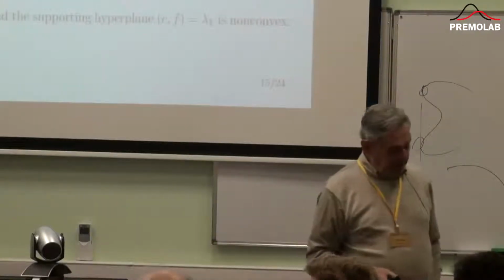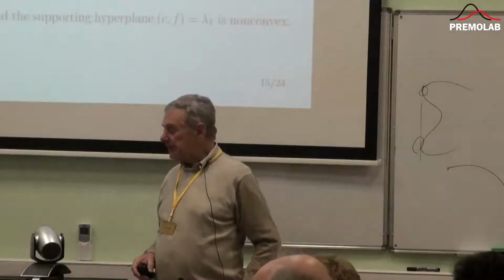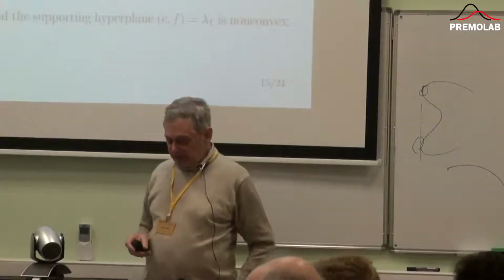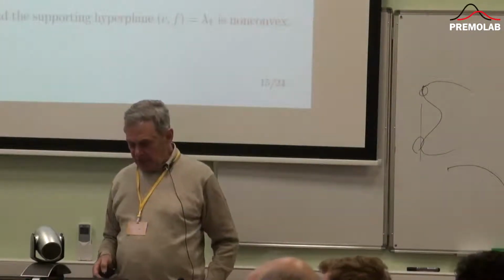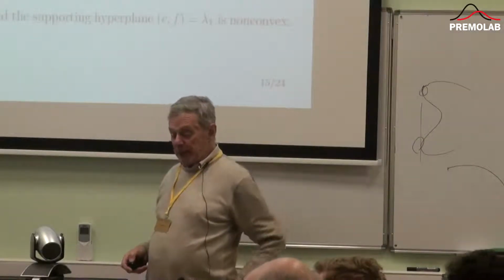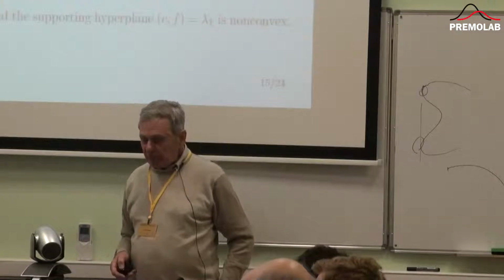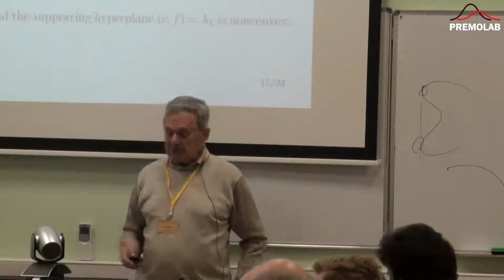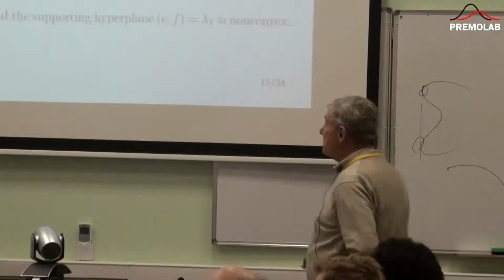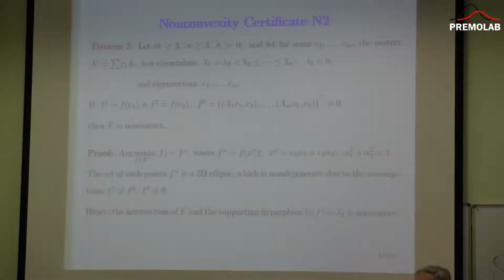What is more interesting is non-convexity certificates. And here is the typical case. Again for the homogeneous case, we have m quadratic forms of n variables, and assume that we found some C such that the linear combination of our matrices has the least eigenvalue of multiplicity 2.